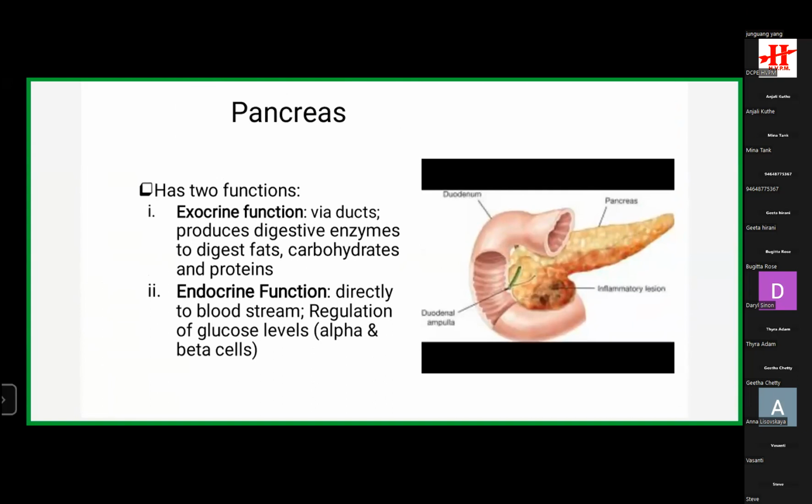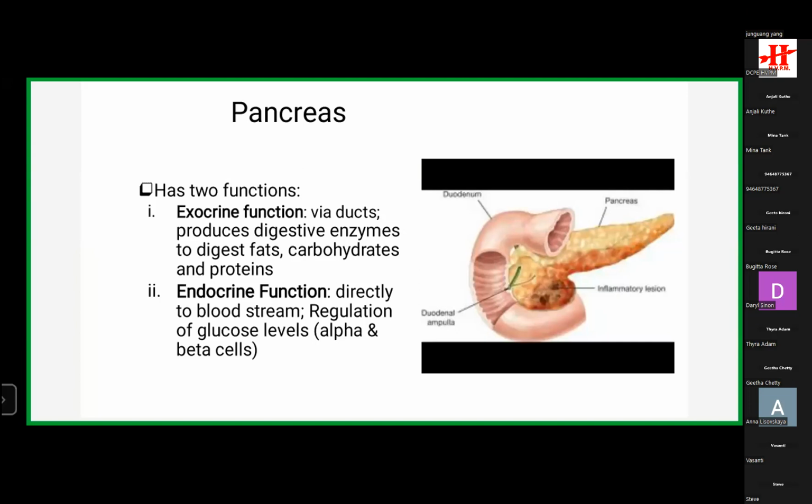You are watching the duodenum, which resembles the letter C. And in this C, this lobulated gland has a head, the narrow neck, the main body, and the tail. This is an elongated structure, and the last tapering part touches the spleen.